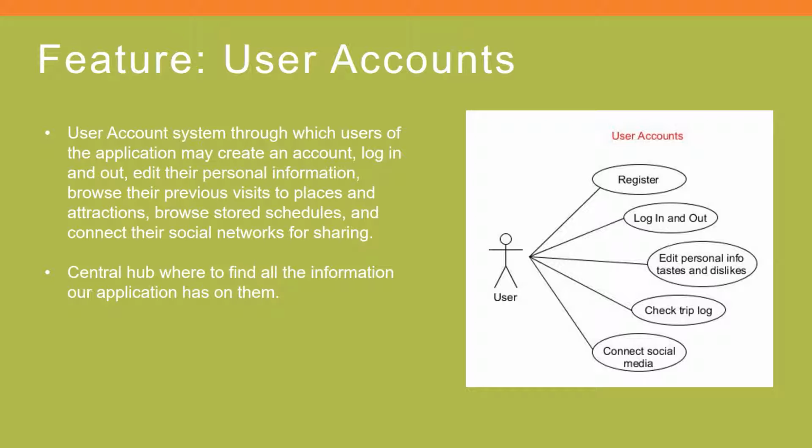And they can connect this account to social networks for sharing purposes. The main purpose of the user account system is for the people who use our app to have a central hub where they can find all the information that the application has on them.